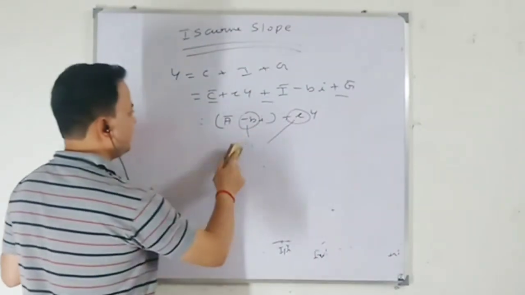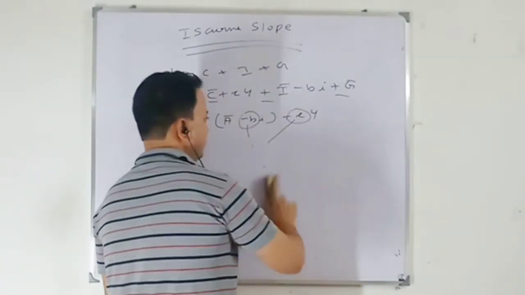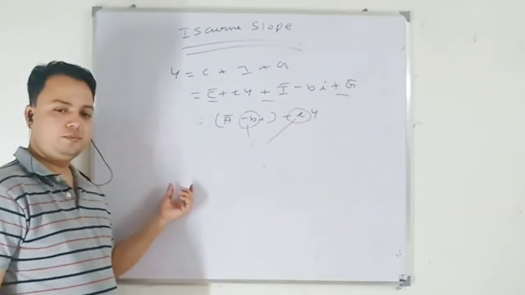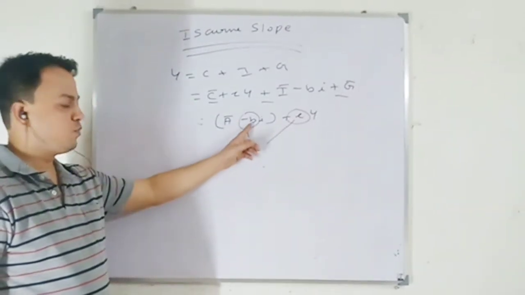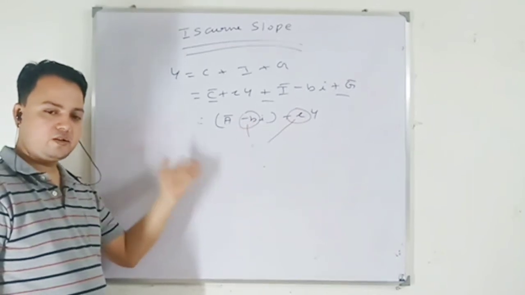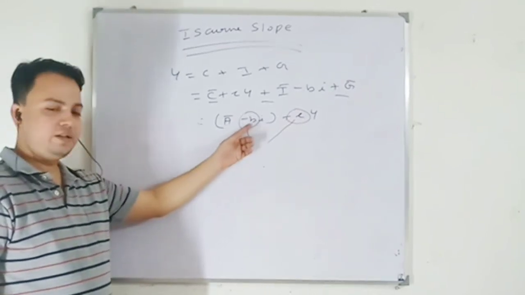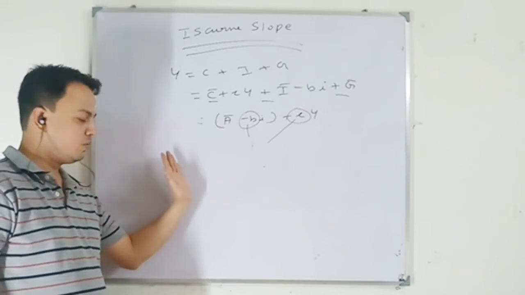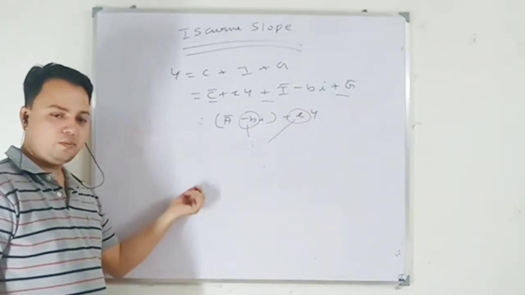So I have explained that this induced part determines the slope of your IS curve. When responsiveness is more, your IS curve will be flatter. When it is less, investment change will be less, aggregate demand change will be less, then your IS curve will be steeper because equilibrium output will be lower.